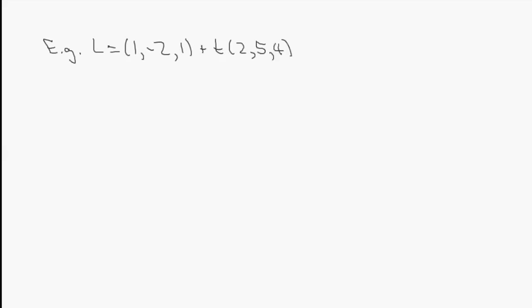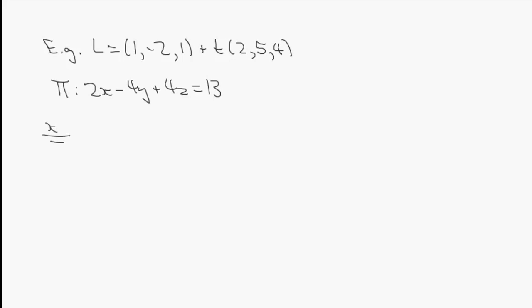So the equation of the plane would be 2x minus 4y plus 4z equals to 13. So with that, we can separate x, y, and z.